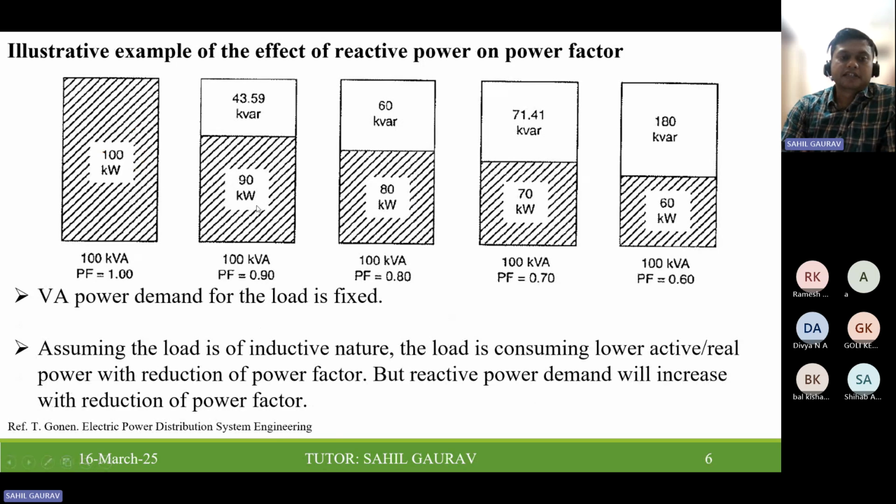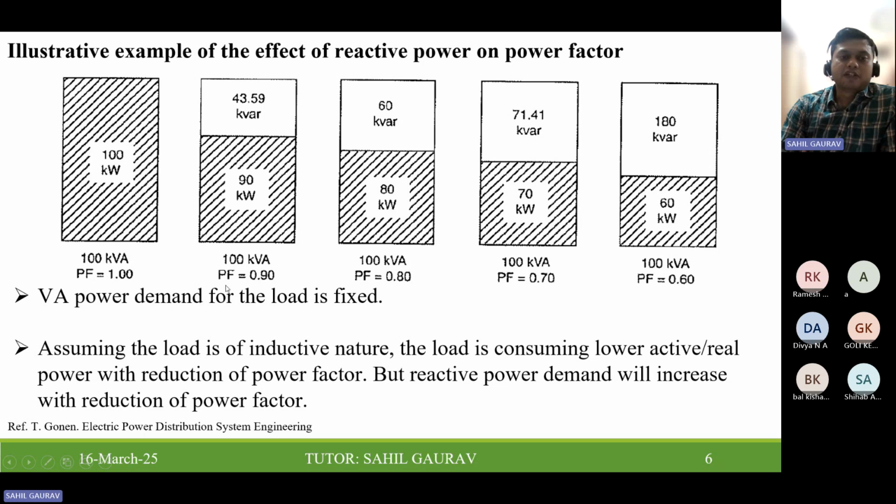In the last case, we fixed the active power, and the reactive power increased and the power factor reduced. Now in the second case, we have fixed the apparent power, and with the increase of reactive power, the power factor deteriorates.